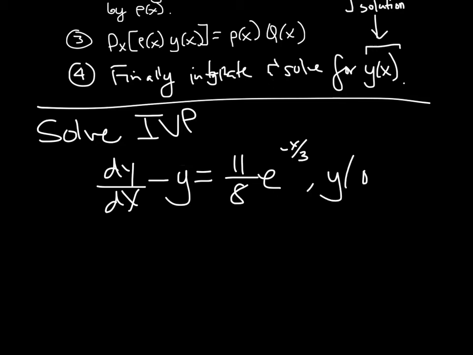And it goes through 0, -1. Right, so here's my x naught and here's my y naught from theorem 1. So again, we're just following the steps here. So the first step is to find the integrating factor. So the integrating factor is denoted by rho of x.